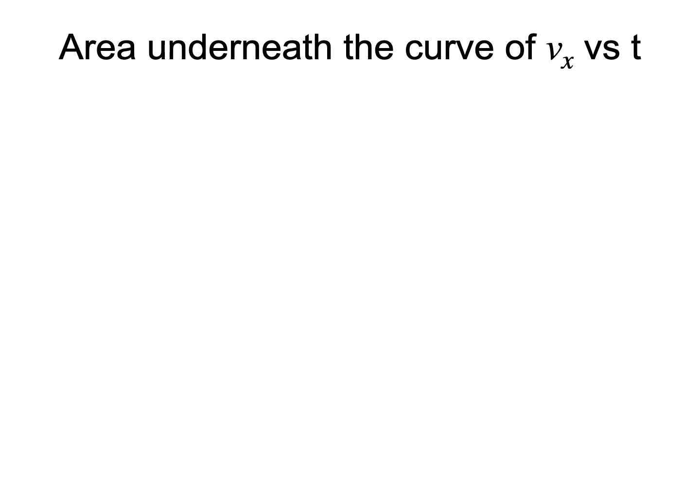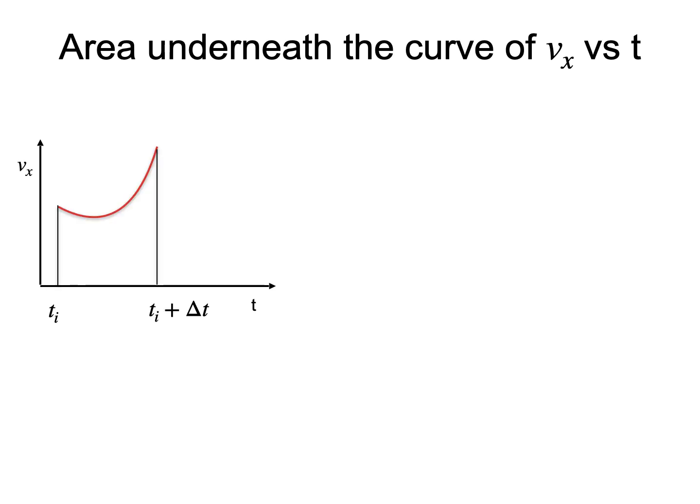Let us look at a more general situation where the x component of velocity varies with time. Could the area bounded by the t-axis and the vertical lines at ti and at ti plus delta t and the Vx versus time curve be interpreted as the displacement over the time interval from ti to tf? Yes, it can.